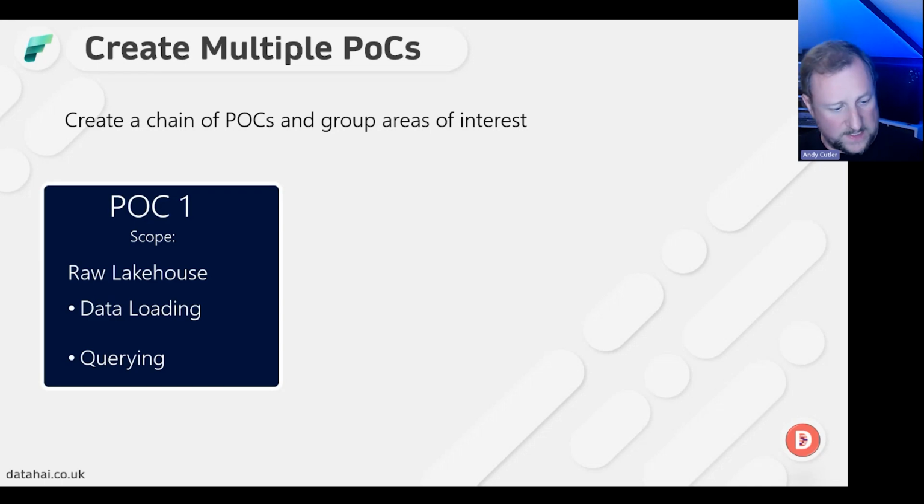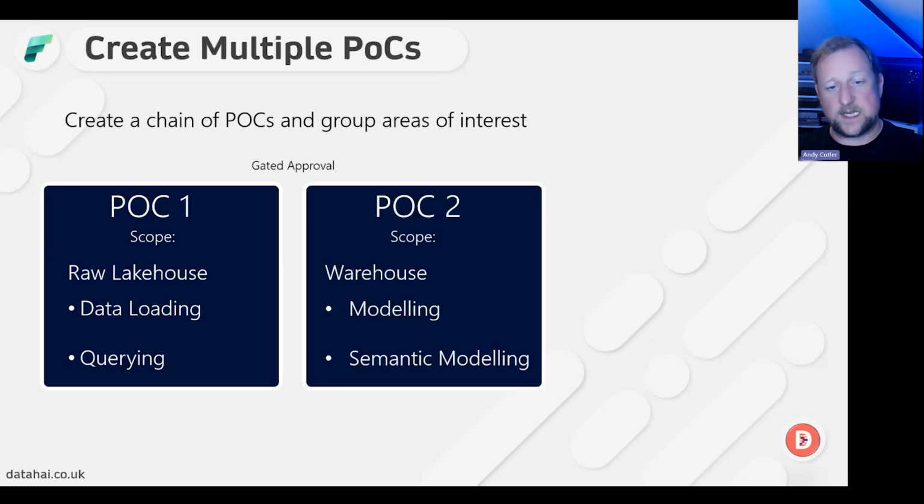So what I mean by that is, well, perhaps your first POC is all about the raw lakehouse. Forget about the end-to-end. You want to prove out that you can get to your source systems securely, you can load your data in, and you can surface it within a raw lakehouse. That could be your first POC. Gated into another POC in which, now we've succeeded in our first POC, we can move on.